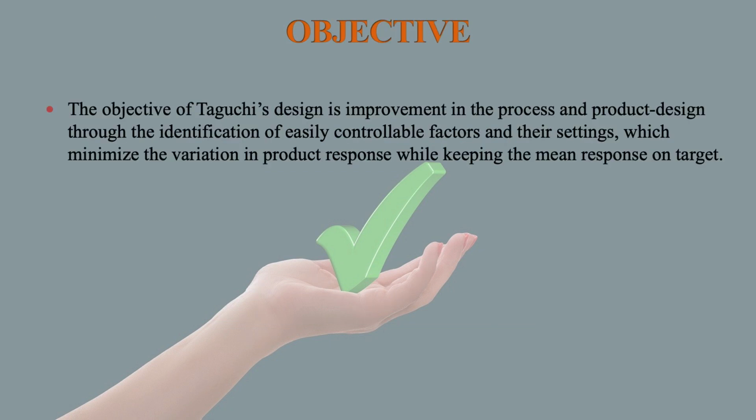So the objective of Taguchi's design is improvement in the process and product design through the identification of easily controllable factors and their settings, which minimizes the variation in product response while keeping the mean response on target.